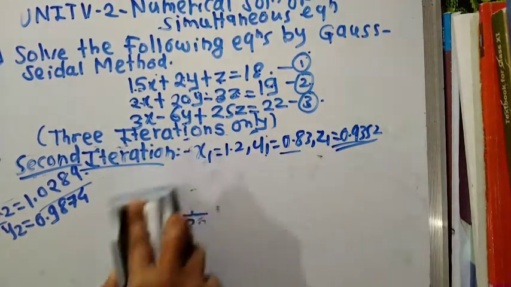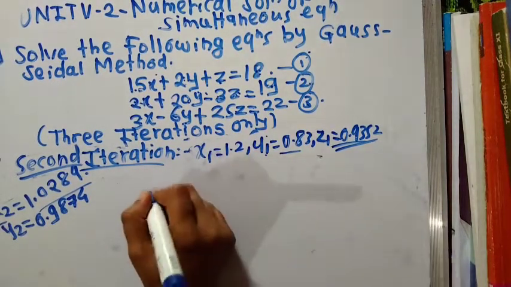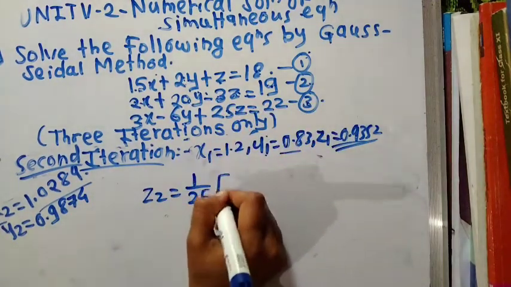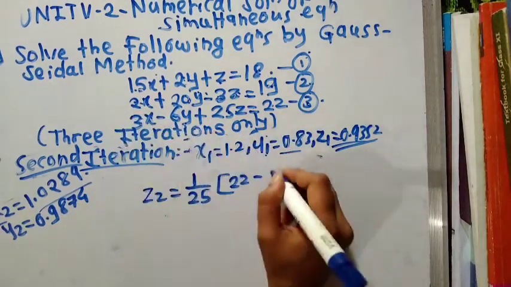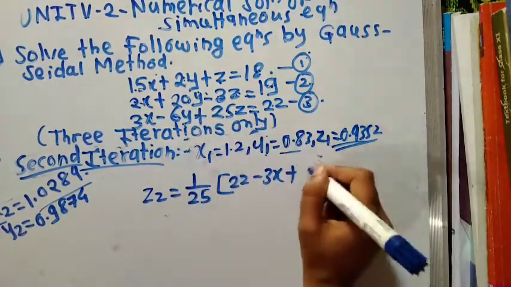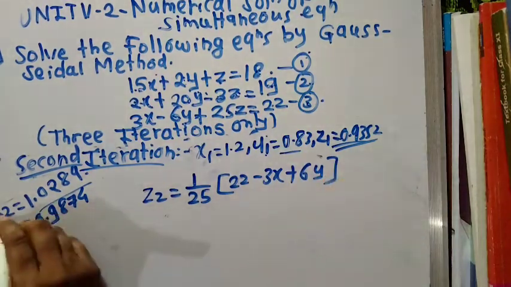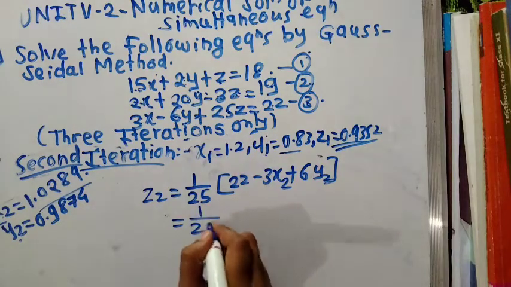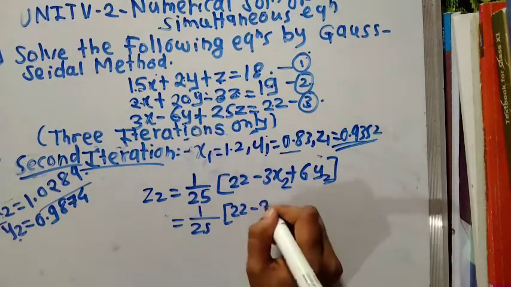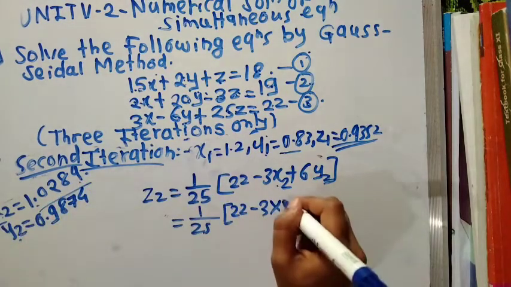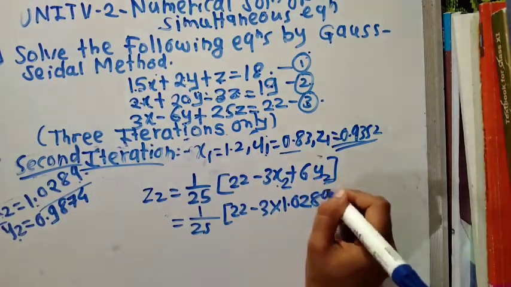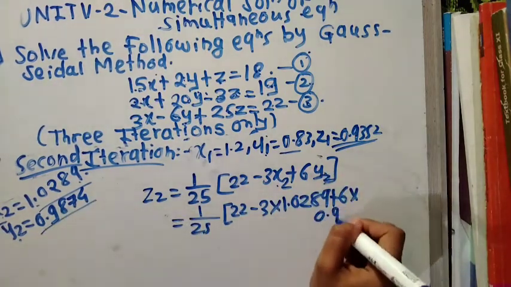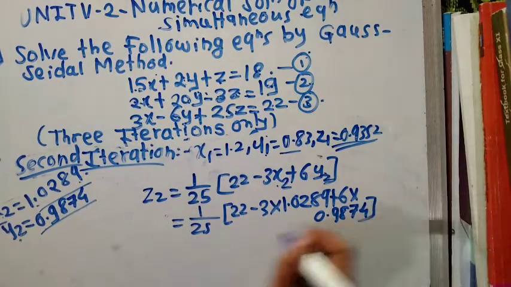Then find out z2. From equation third, z2 is 1 divided by 25 times (22 minus 3x plus 6y). Here we know x2 and y2, so put x2 and y2. So 1 divided by 25 times (22 minus 3 into 1.0289 plus 6 into 0.9874).